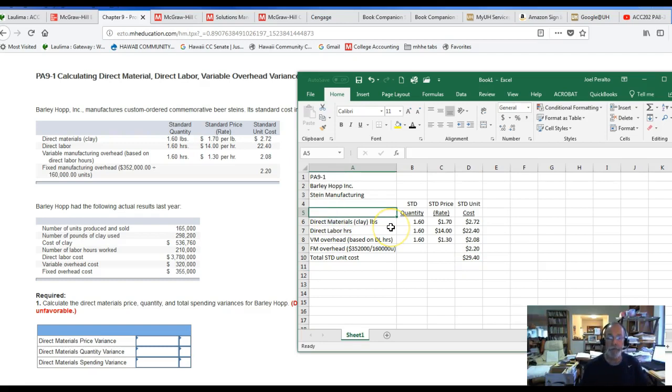So let's call this standard cost information, and then actual results. Units produced and sold.